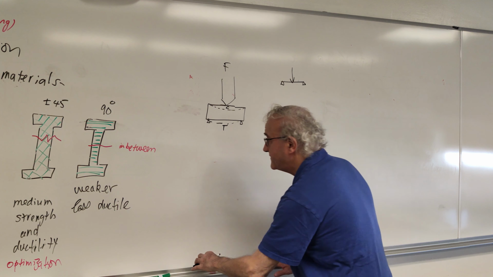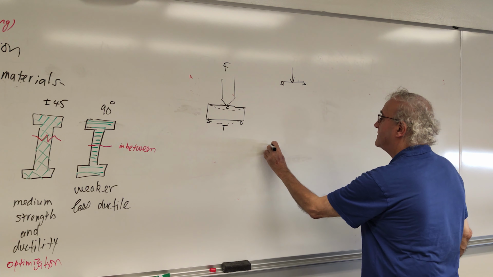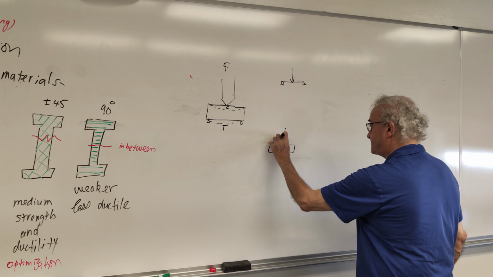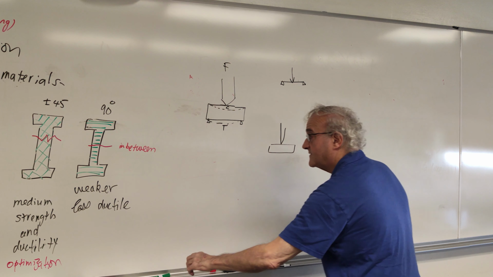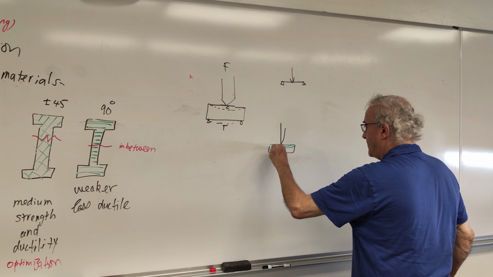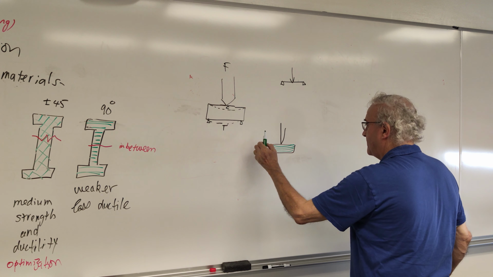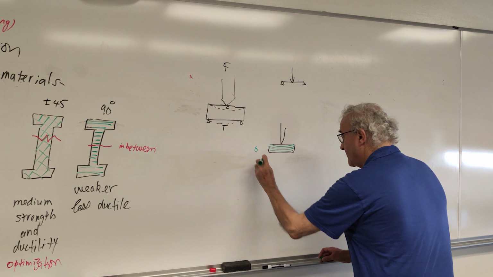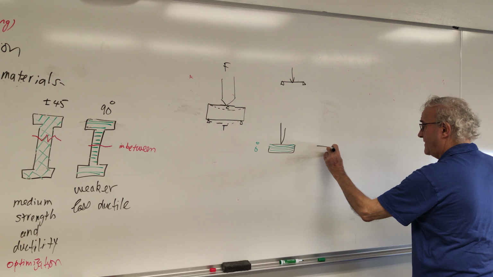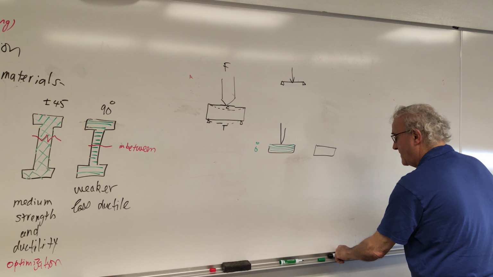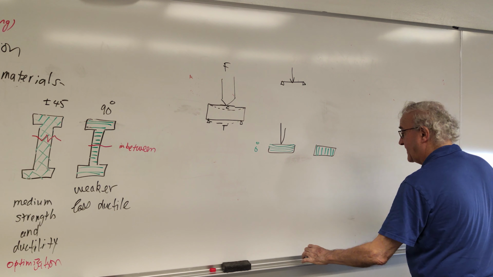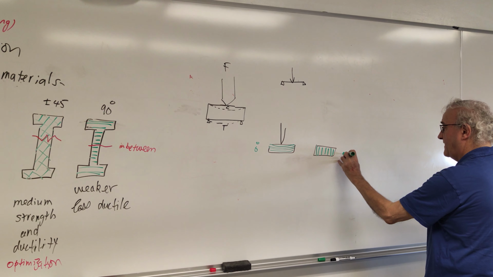But when you have the sample, let me take the sample, and the layers are parallel to the length, which is 0, versus the sample when the layers are perpendicular to the length, which is your 90.